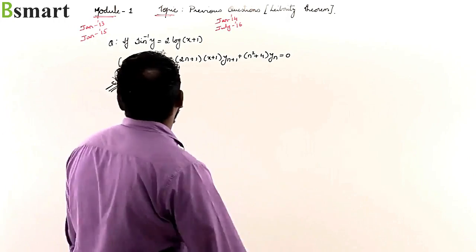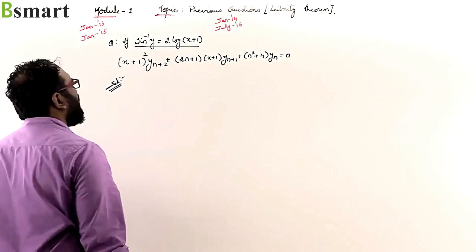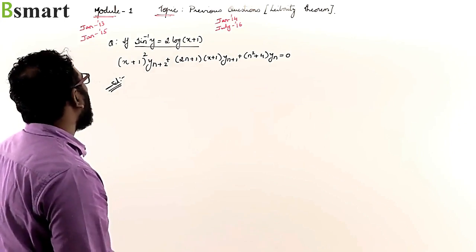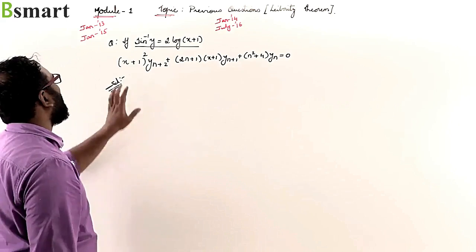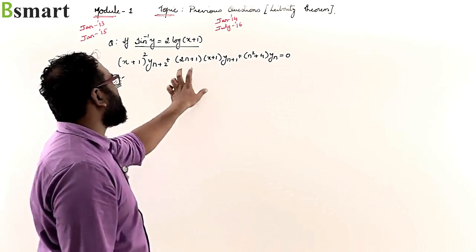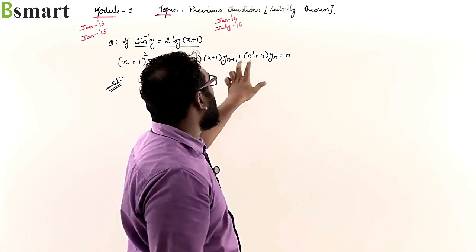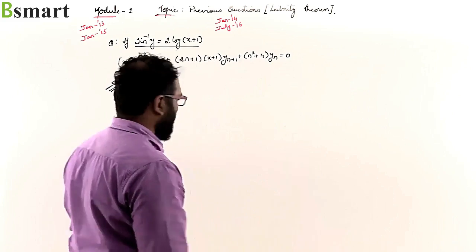Now, consider sin⁻¹y is equal to 2 log of (x + 1), and he is asking us to prove (x + 1)² into yₙ₊₂ plus (2n + 1) into (x + 1) into yₙ₊₁ plus (n² + 4) into yₙ.